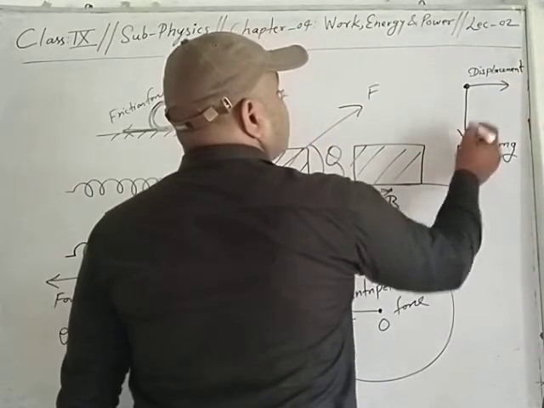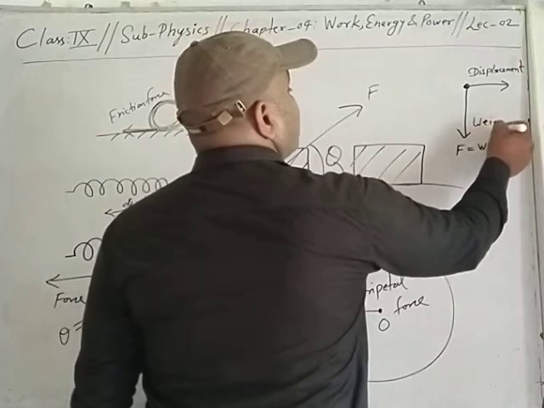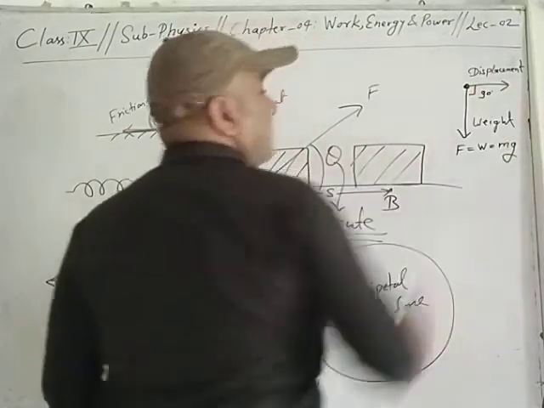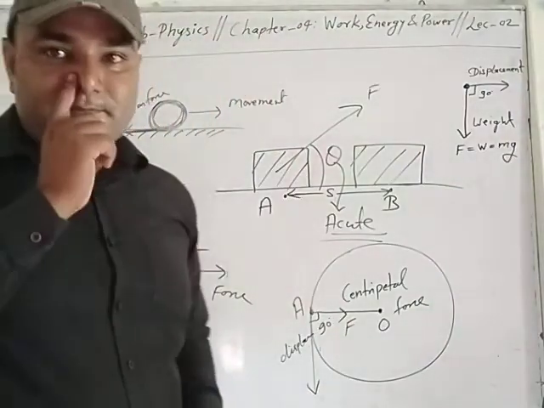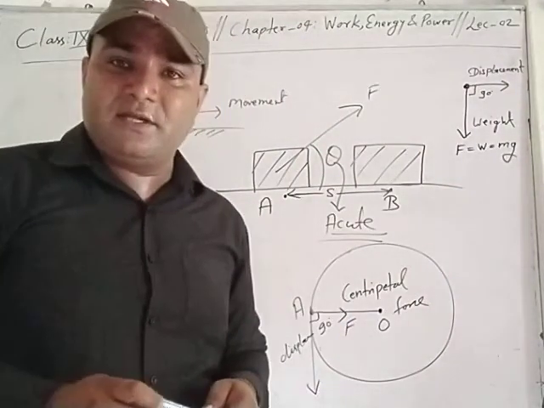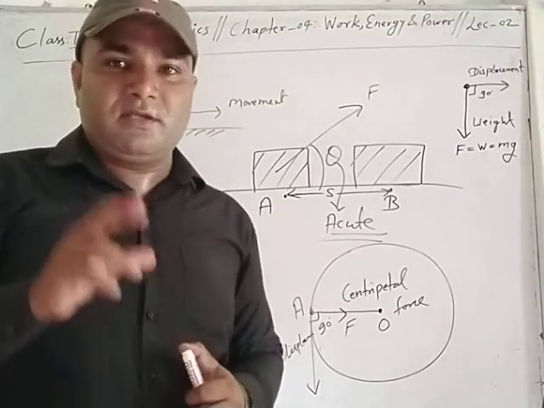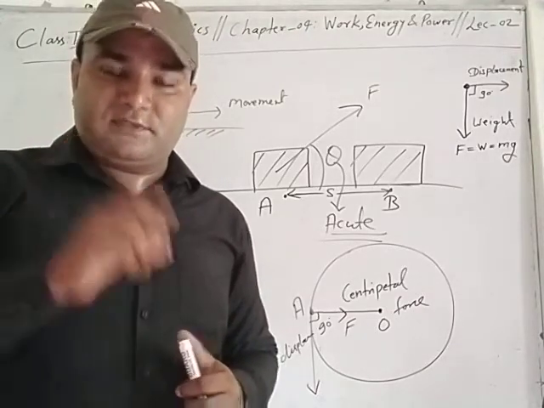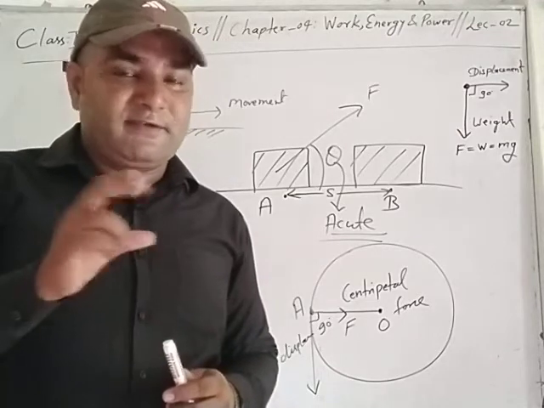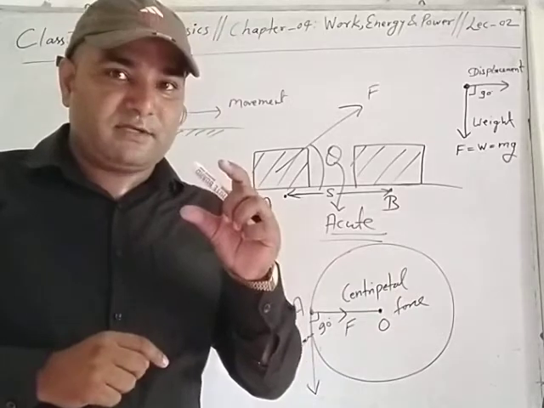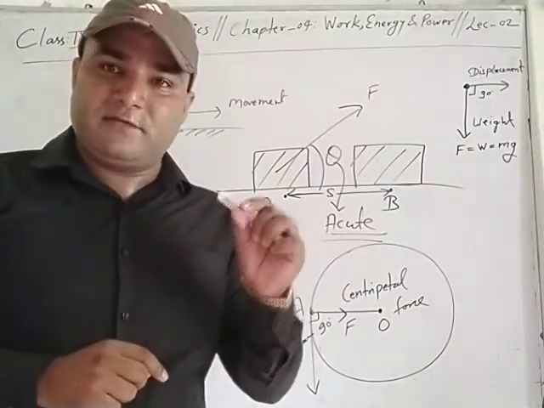Displacement and weight make an angle of 90 degrees with each other. Whenever the angle is 90 degrees, the work done is 0, because the value of cos 90 is always 0, and whenever cos is 0, in the formula for work, F S cos theta, the work done will be 0.